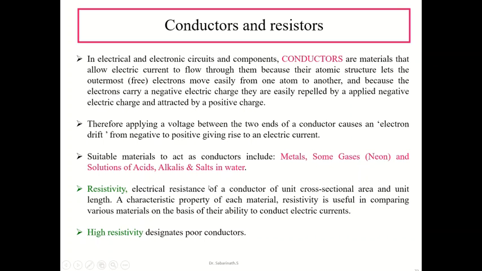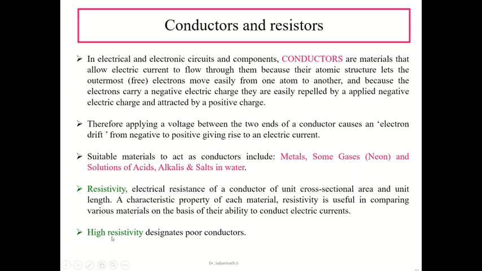Okay, so resistivity: the electrical resistance of a conductor of unit cross-sectional area and unit length. It is a characteristic property of each material, and it is useful when comparing various materials on the basis of their ability to conduct electric currents.